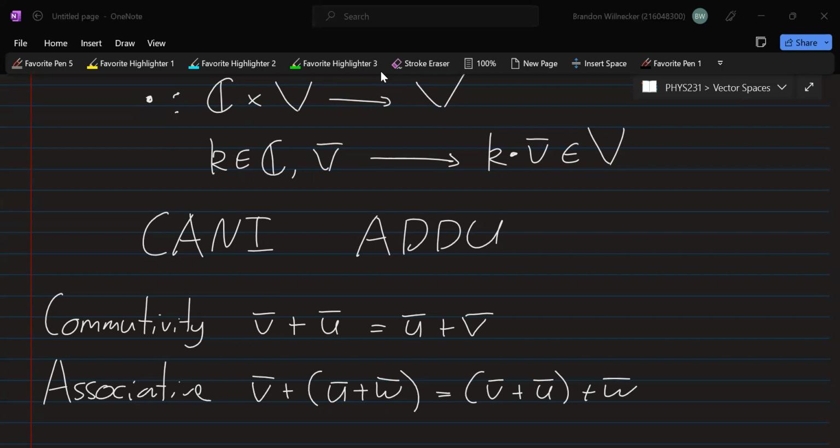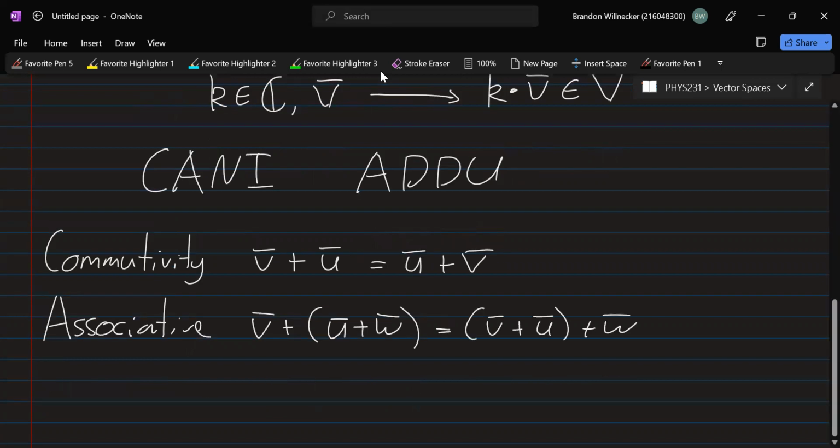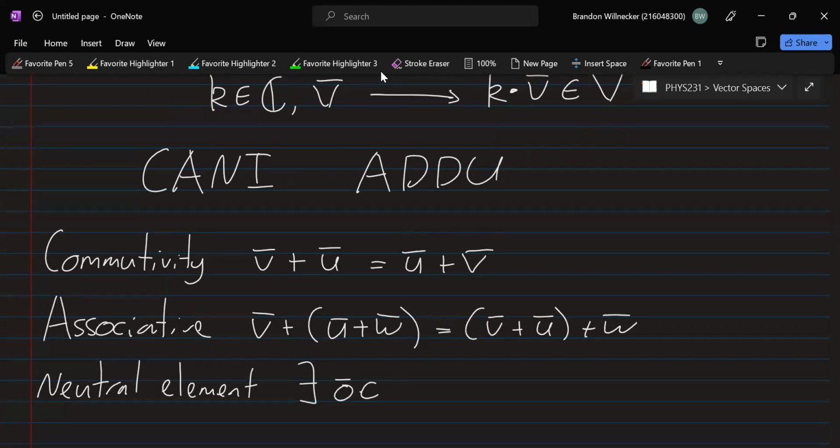Okay, so that's associative. N stands for neutral element. Okay, so what this property says is that there exists a neutral element we call 0 from the vector space V, such that if we take any vector V plus this neutral element, or plus the 0 element or 0 vector, it's got a few names, then this just gives us back the vector itself.